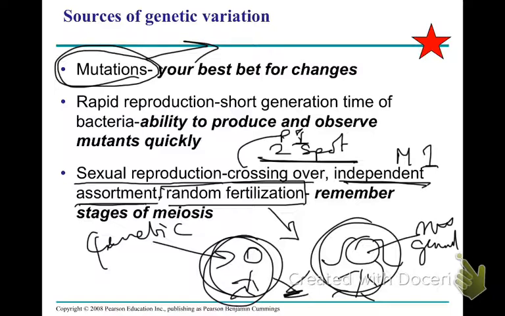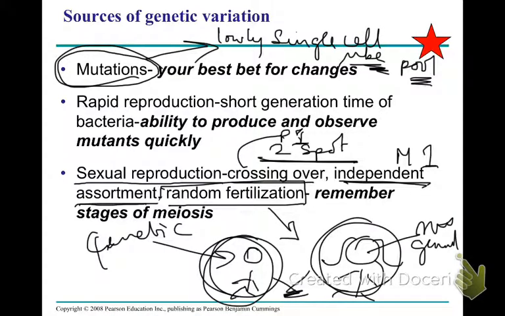So this is a new variation introduced, and that is what has changed us from the lowly single-celled microbe that existed in the pools of the seas millions of years ago, and we have mutated over a period of time and become the human beings that we are now.